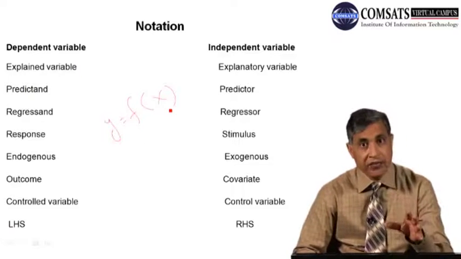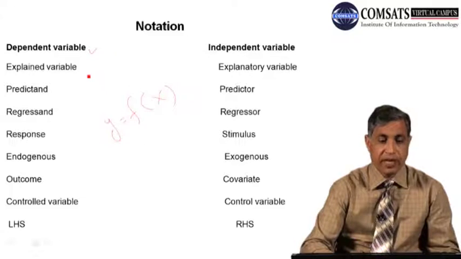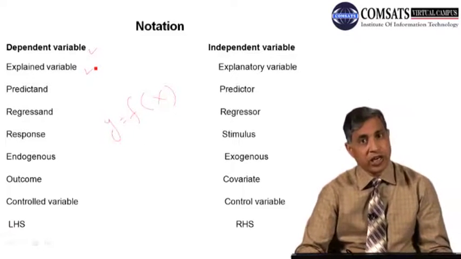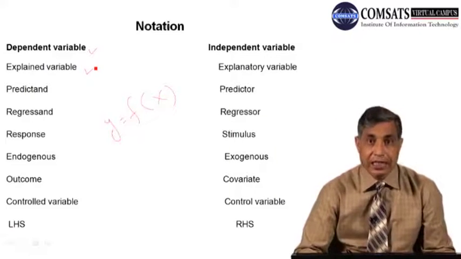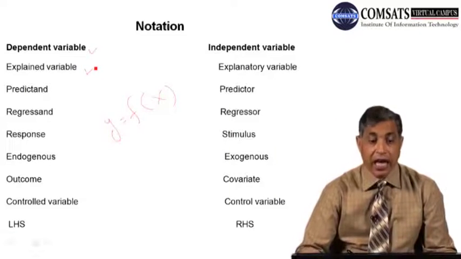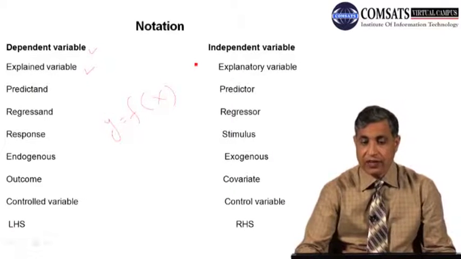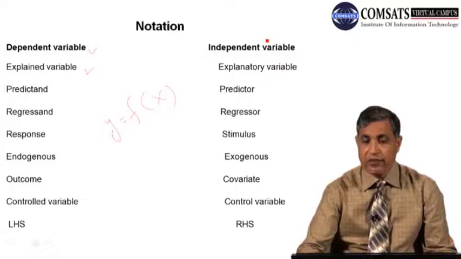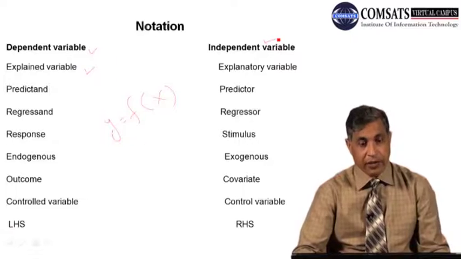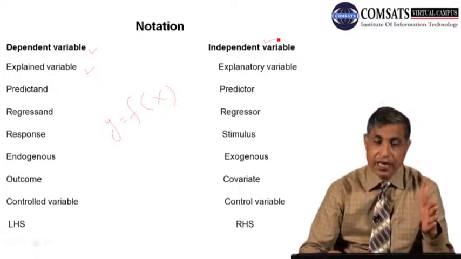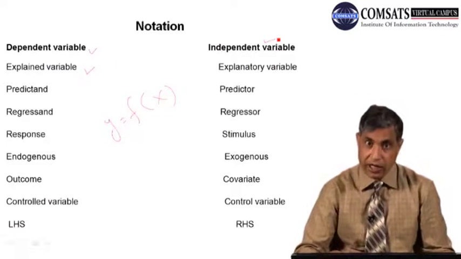Dependent variables have many names. For example, we will call the dependent variable the explained variable. So from y and x, we can easily spot that y is our explained variable. Similarly, on the other side, the variable on the right hand side of the equation is called the independent variable. Against the dependent variable, there is a name for the other variable, that is the independent variable.